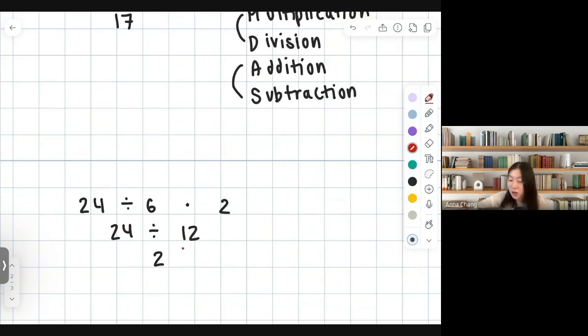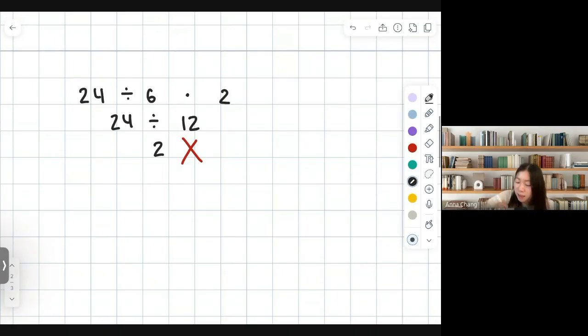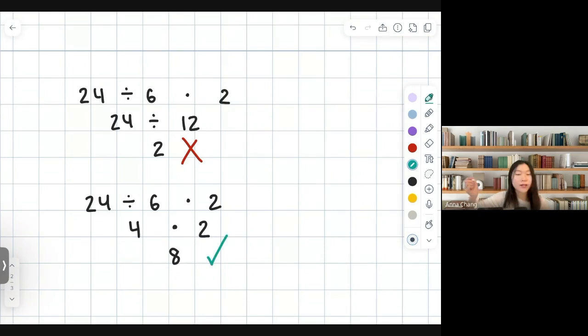This is actually not the correct answer. You want to do multiplication and division left to right, whichever comes first, meaning it should be 24 divided by 6 first, which is 4 times 2, which is 8. This is your correct answer.